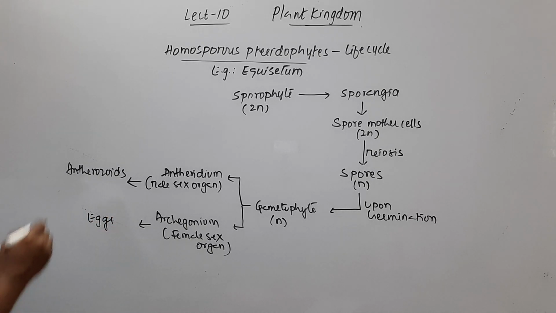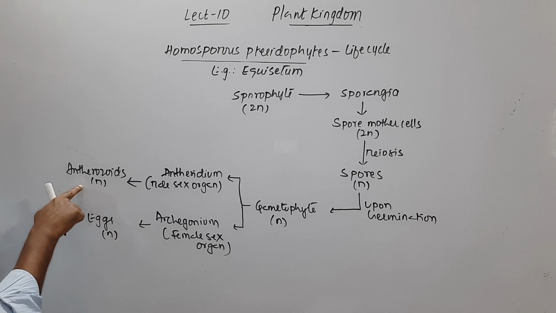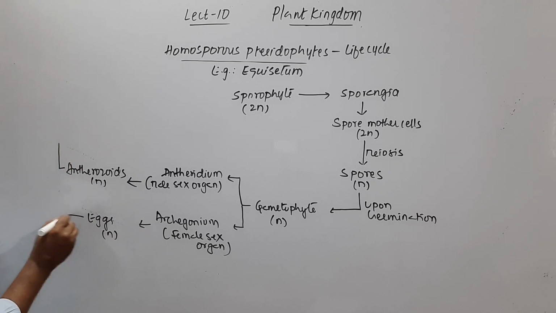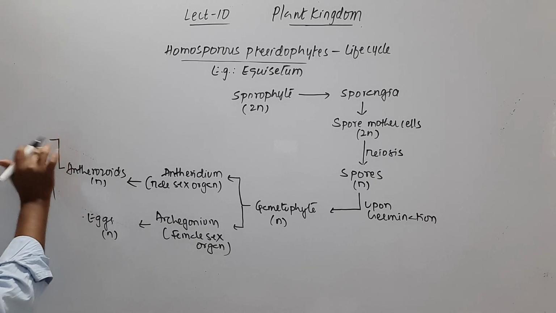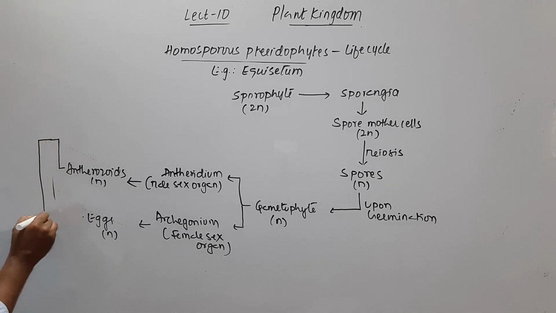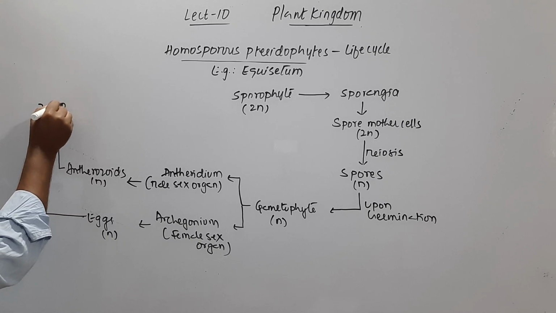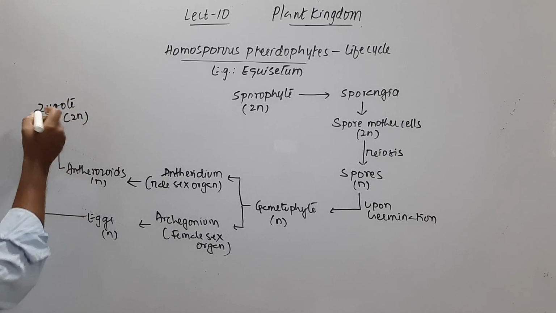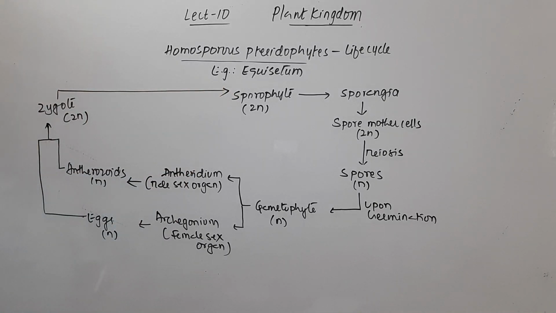Only one egg and one antherozoid, these are also haploid here. They fuse and result in the formation of zygote, which is 2n condition, and now this zygote will develop into sporophyte.